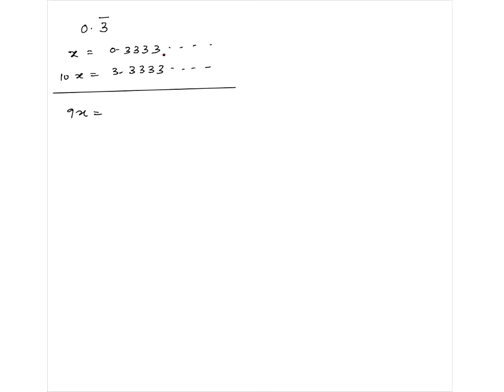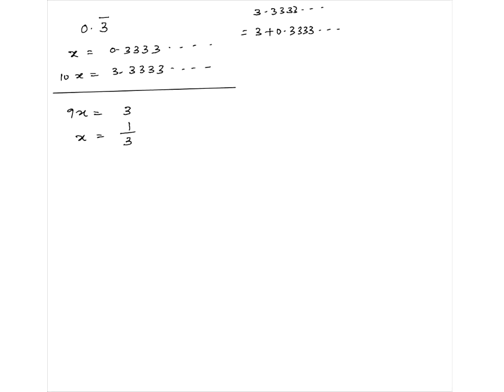Decimal part will cancel. When you write 3.3333 and so on, what it actually means is 3 plus 0.3333 and so on. So when you subtract, that 0.3333 part will go, and you will be left with just 3, and X will be 1 by 3, right? So you can always convert decimal back to P by Q form.